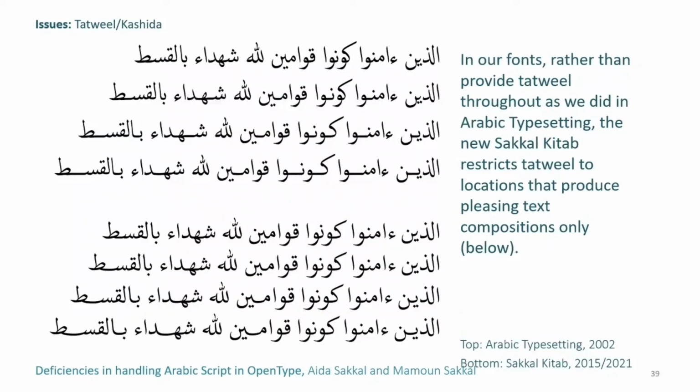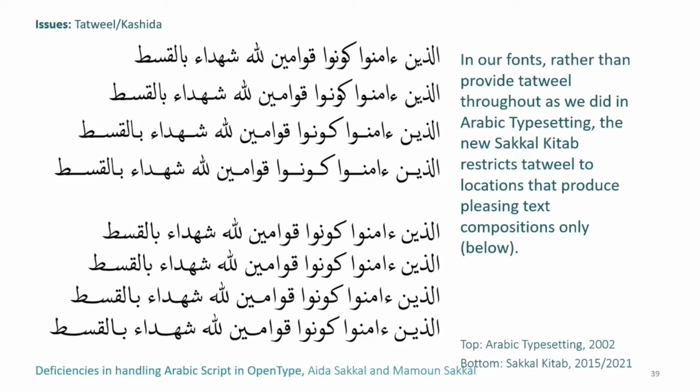In our own fonts, rather than providing tatweel throughout, as we did in Arabic typesetting, the new Sakkal Kitab restricts tatweel to locations that produce pleasing text composition only, as you can see in the lower example.